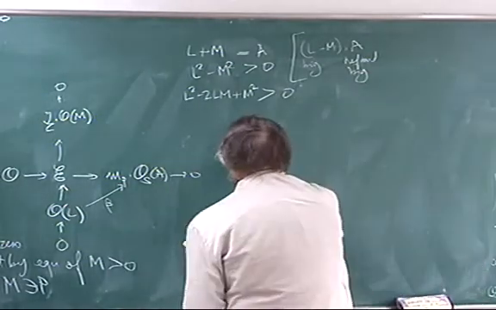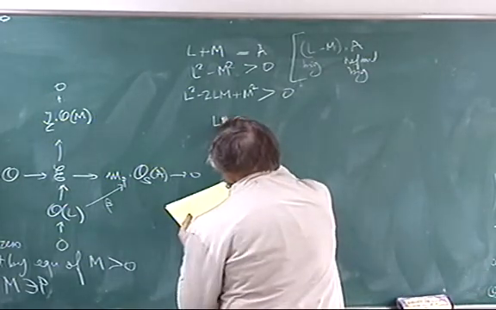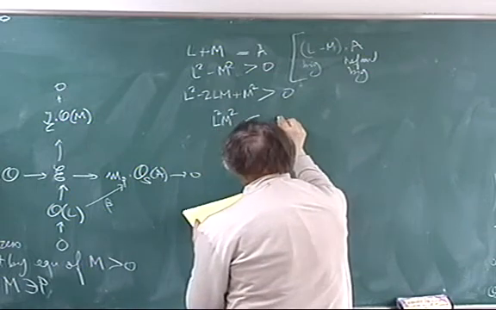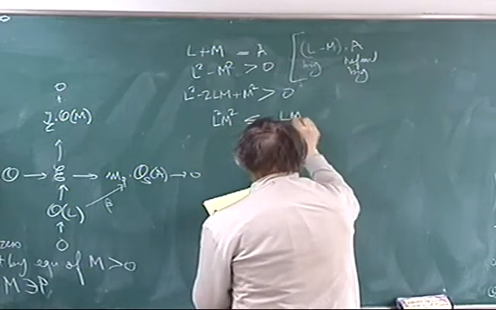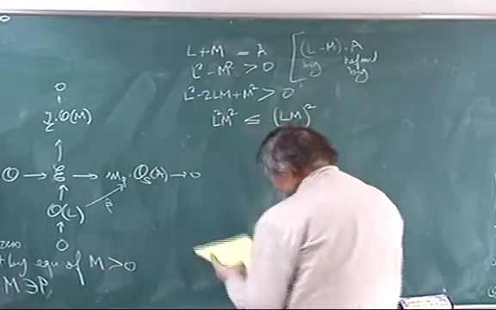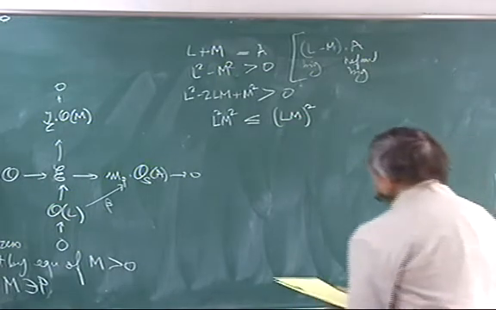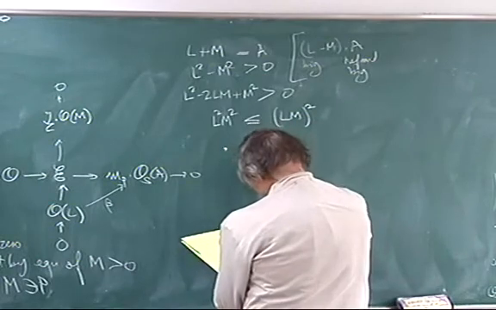And you know, you can't do this argument without the index theorem: L squared M squared is less than or equal to (L·M) squared. So I think I'm going to just write out the same argument as before.